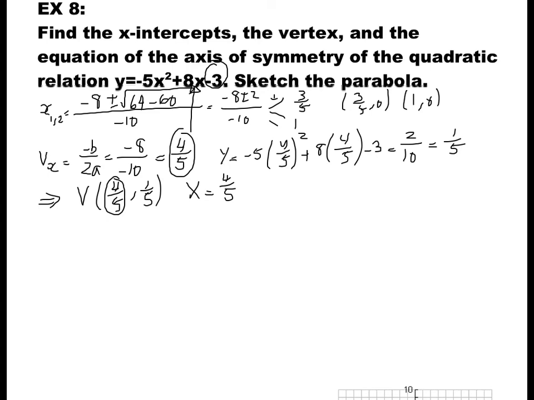Then you can use the property of the axis of symmetry to find another point which is the mirror of the y-intercept, so you will have 5 points, and then you can easily plot the parabola.